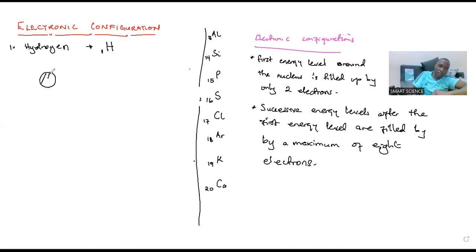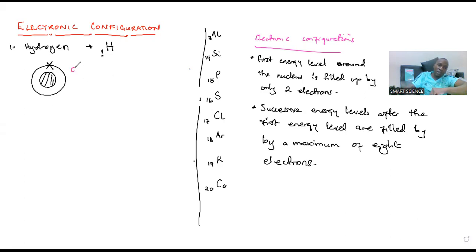If this is the nucleus of hydrogen, around the nucleus we shall have one energy level or one shell, and that shell will only have 1 electron on it, because the atomic number shows us that hydrogen has 1 electron.